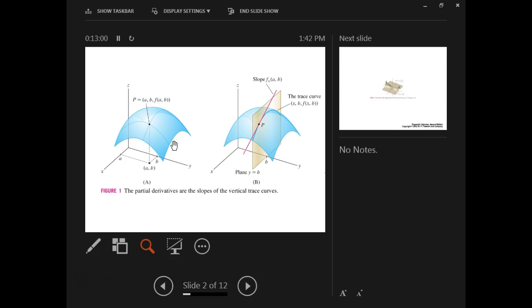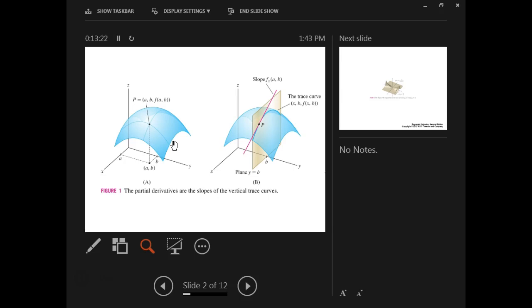Now, the partial derivatives are the slopes of the vertical trace curves. This is why they did all that in 14.1 on trace curves, vertical traces, horizontal traces and stuff. This is it. There are two vertical trace curves.